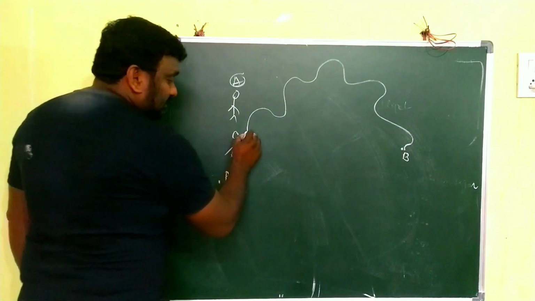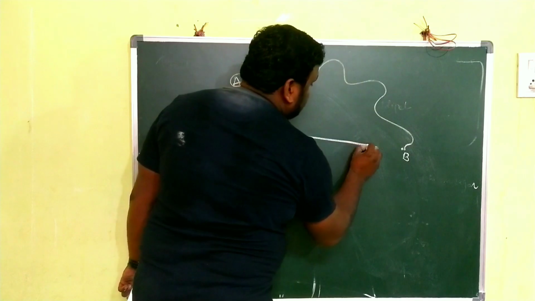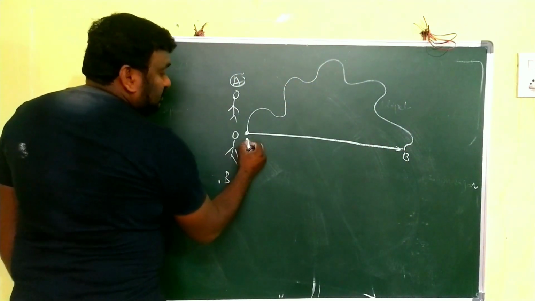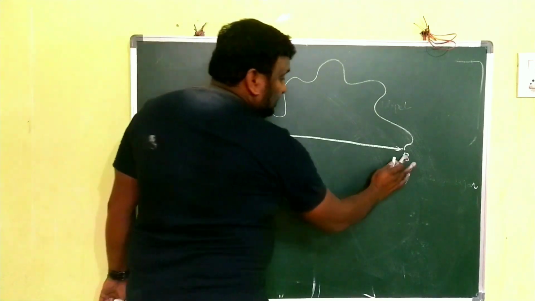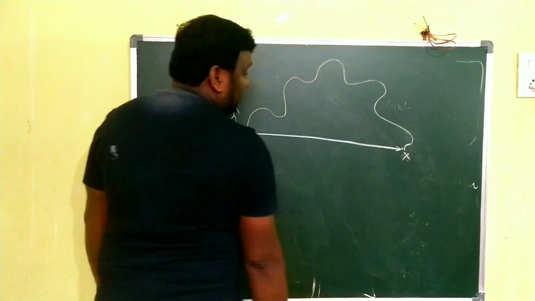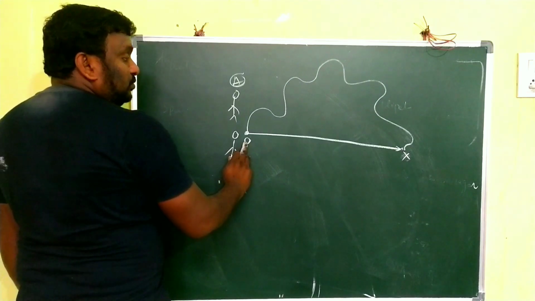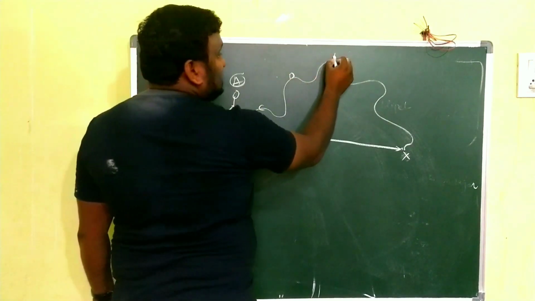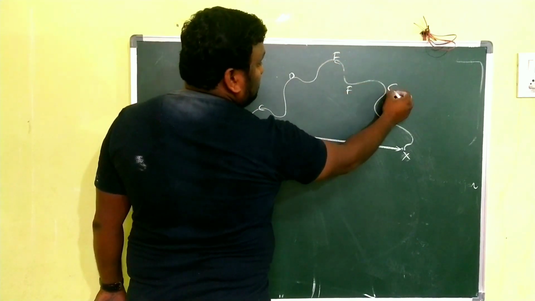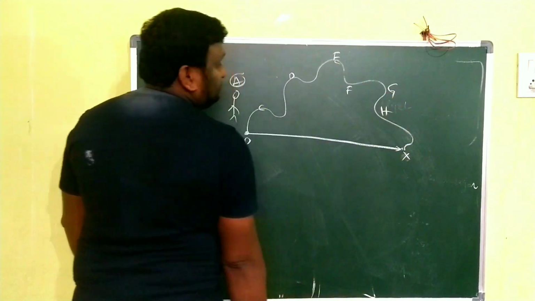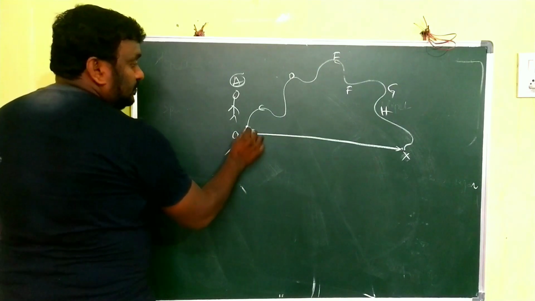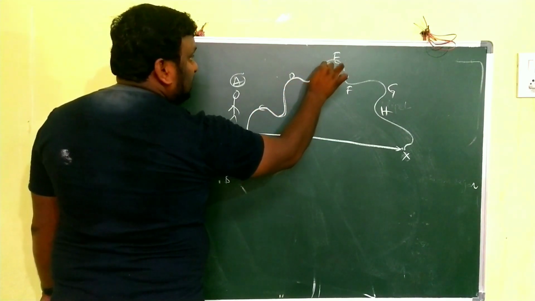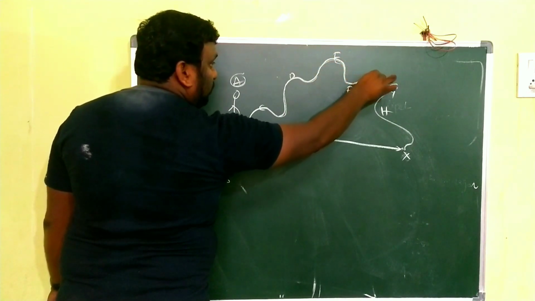And boy B is moving in this path. So it is O, it is X, OX. Now O, this is C, this is D, this is E, and this is F, G, H, X. Clear? So this is the path followed by boy A to reach from O to X.